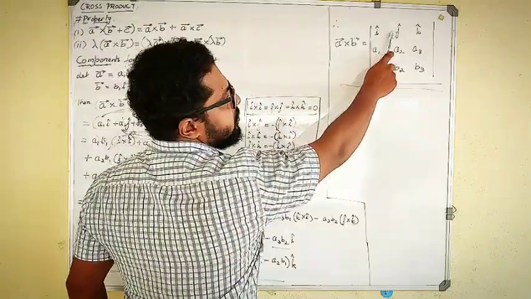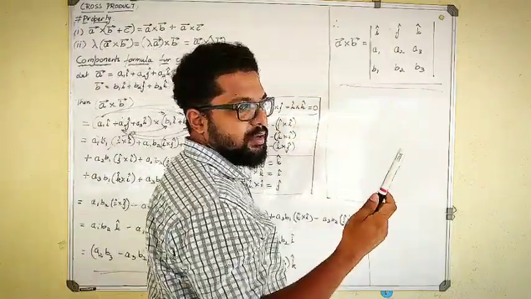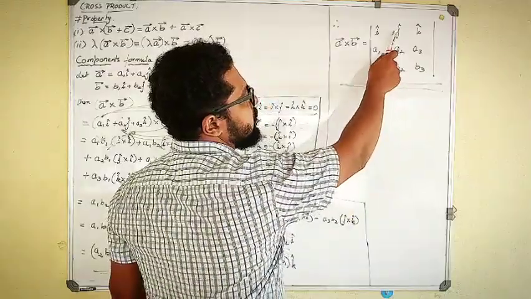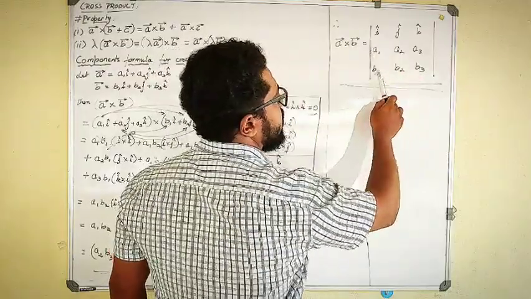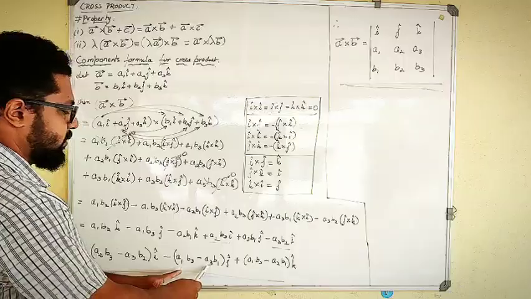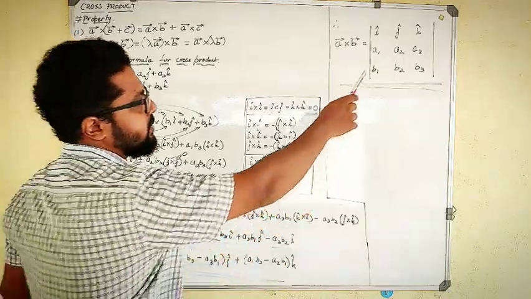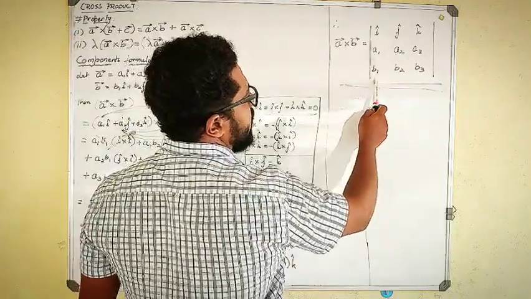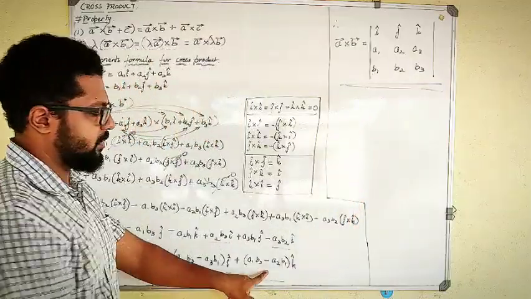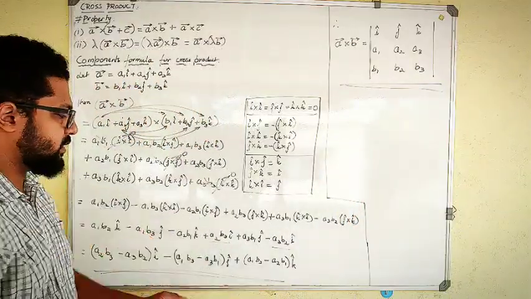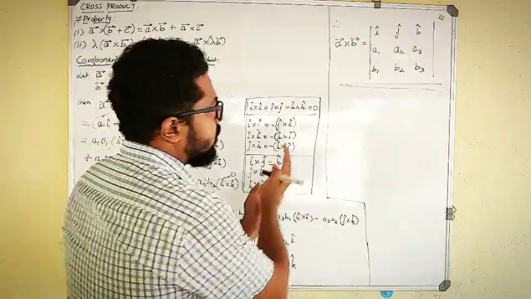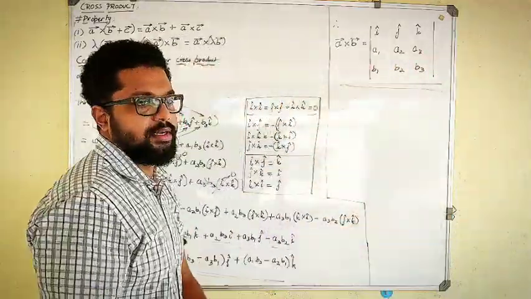Minus J, because you know this is the second position in the determinant. The second position sign is minus, J into A1 B3 minus A3 B1, isn't it? Then plus K into A1 B2 minus A2 B1. Same as this. So which means this full expansion is shortened and written in the form of determinants.